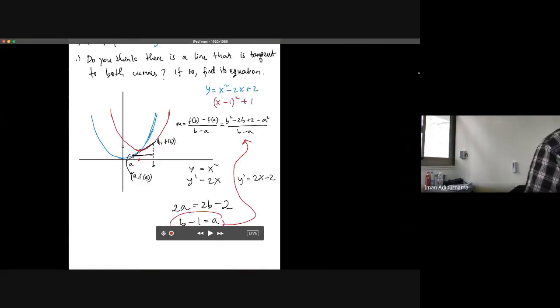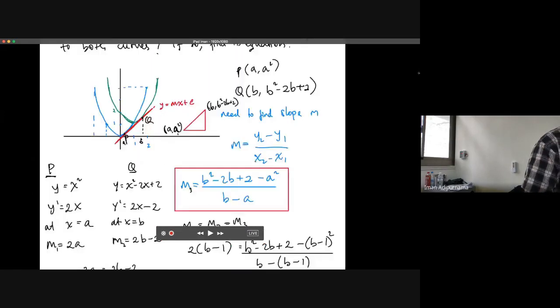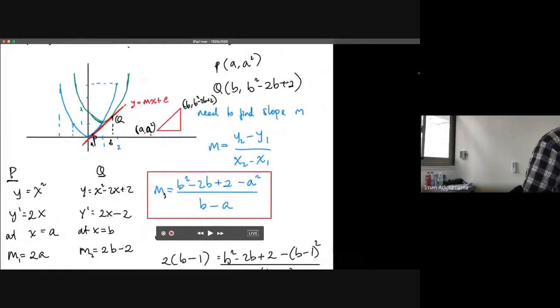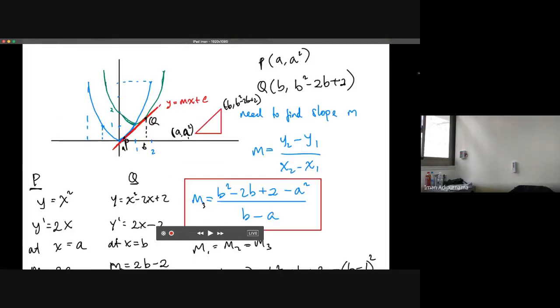So maybe I will just give you the part. This is what we've done before, the gradient. So the gradient 2a, 2b minus 2 should be the same, and it should be b minus 1.